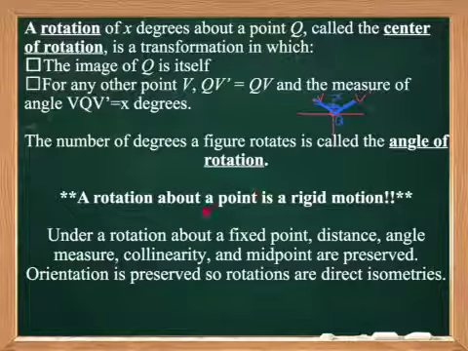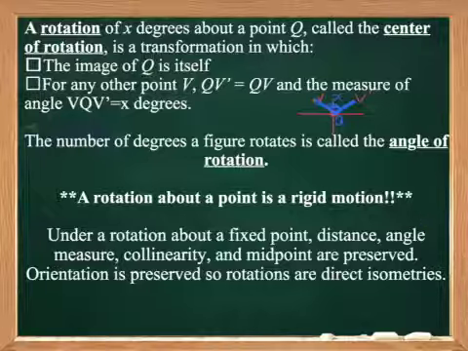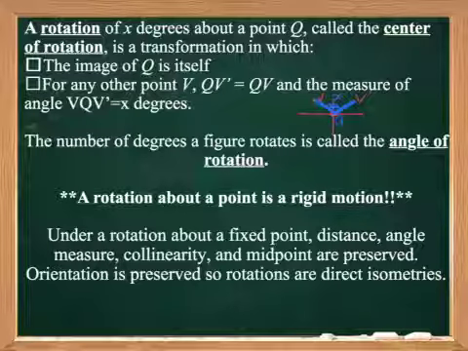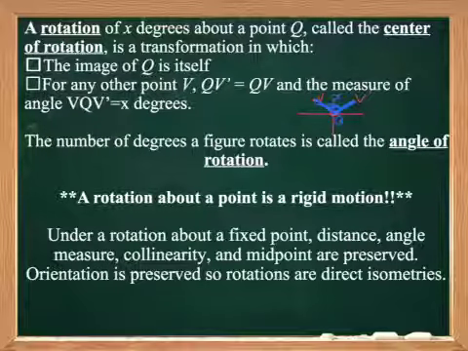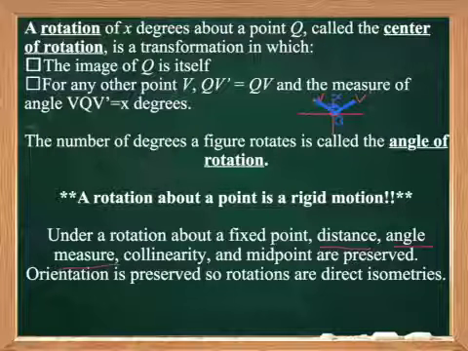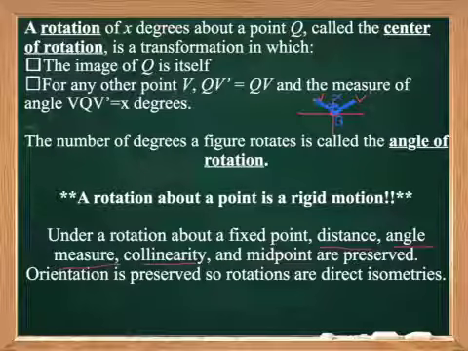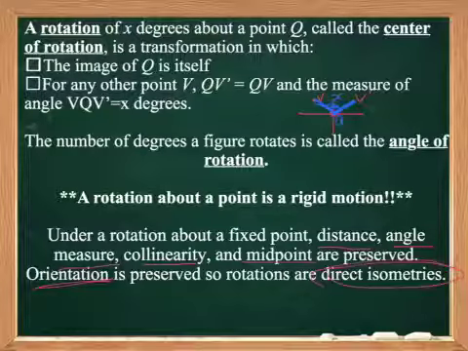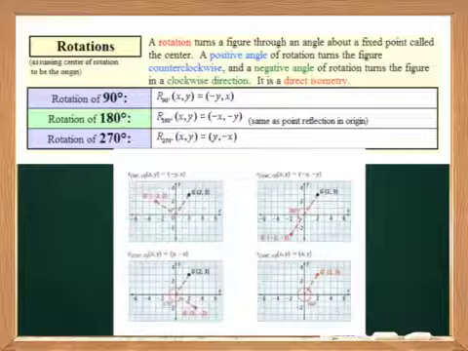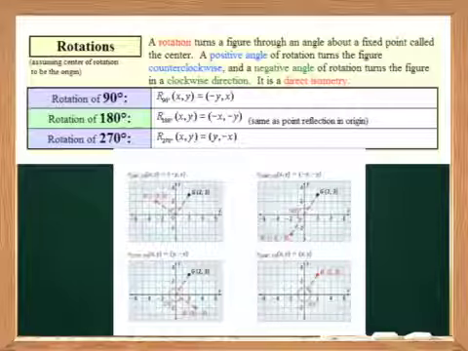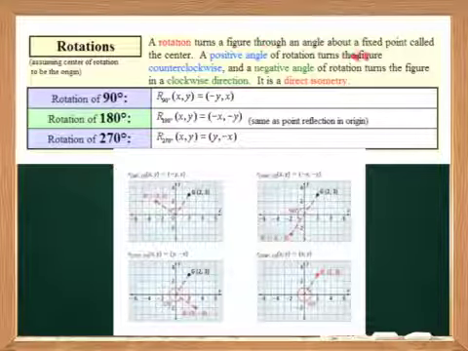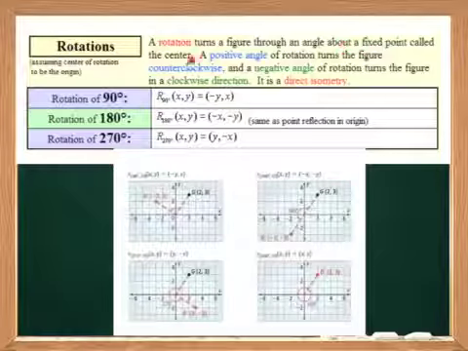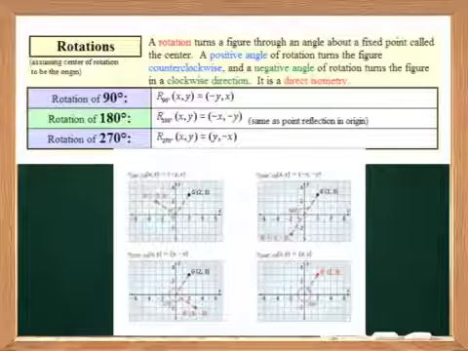A rotation about a point is a rigid motion, and it preserves distance, angle measure, collinearity, and midpoint. Orientation is also preserved, so rotations are direct isometries. Now, as for rules, a rotation turns a figure through an angle about a fixed point called the center of rotation, as we said before.